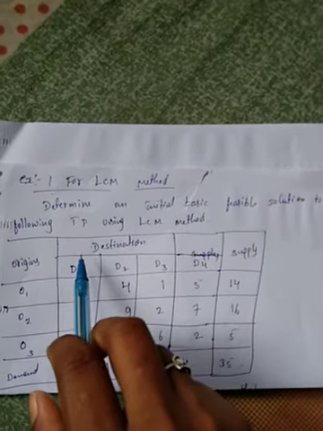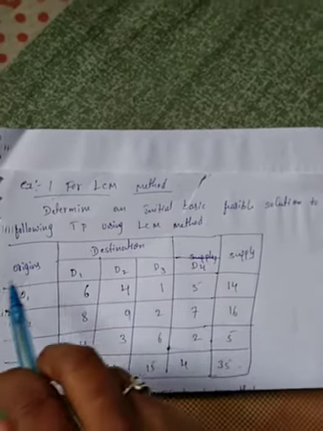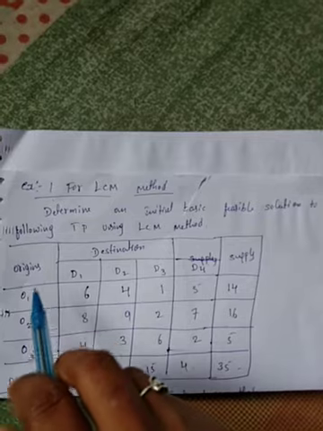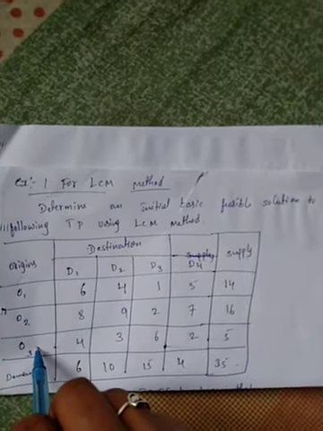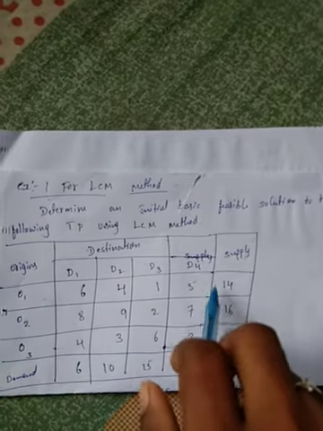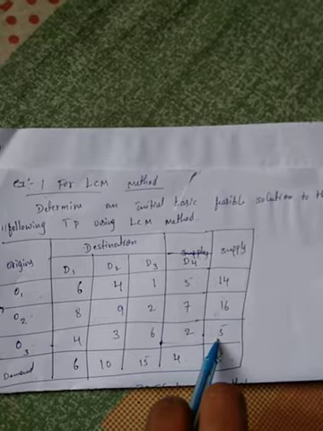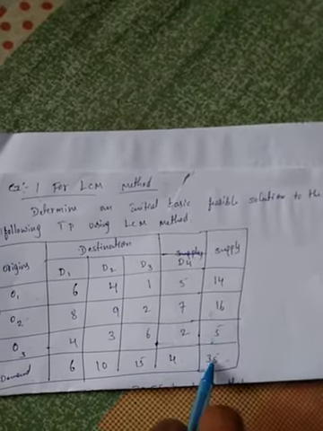In this problem there are 4 destinations D1, D2, D3 and D4, and there are 3 origins or sources O1, O2, O3. O1 supply value is 14, O2 supply value is 16 and O3 supply value is 5. The total supply is 35.